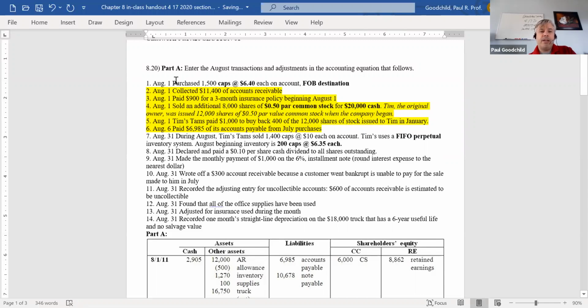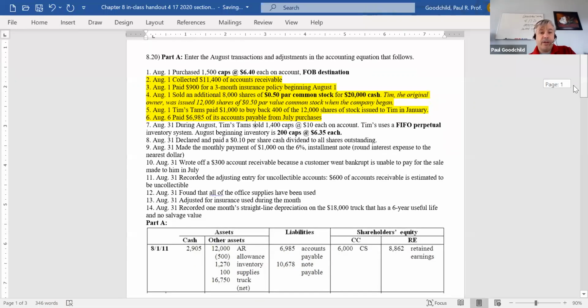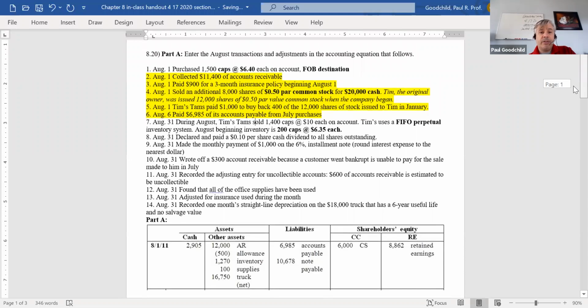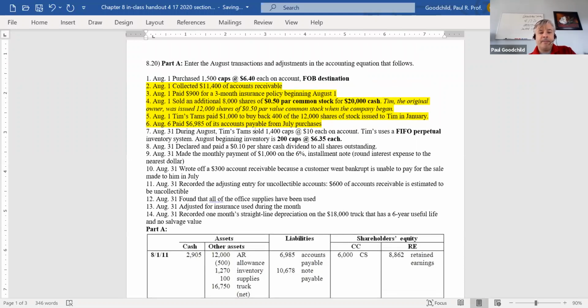Okay, so the reason that I had left number 1 open is I wasn't sure when it was going to come in, but it's clear from the information that we have that they're not going to give us an exact date that it came in. So we're just going to assume that it arrived within August. So we have to multiply the 1,500 times the 6.4, and that's 9,600.